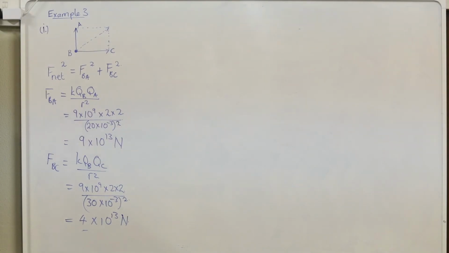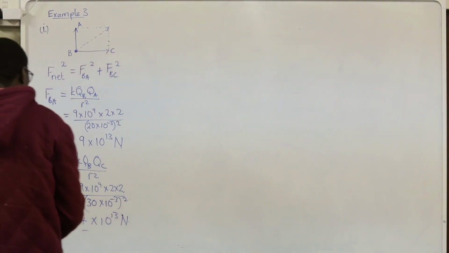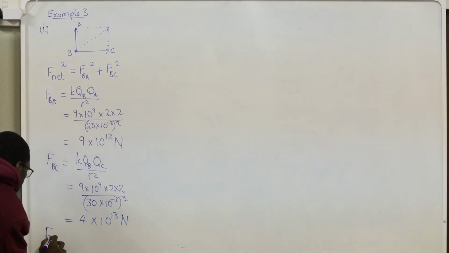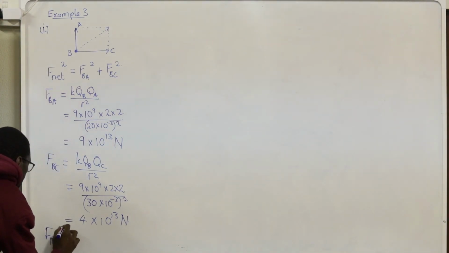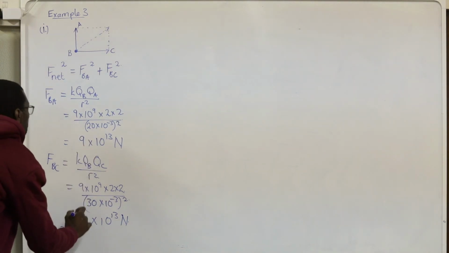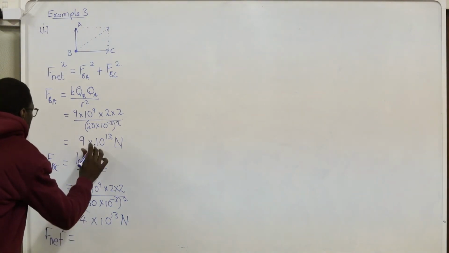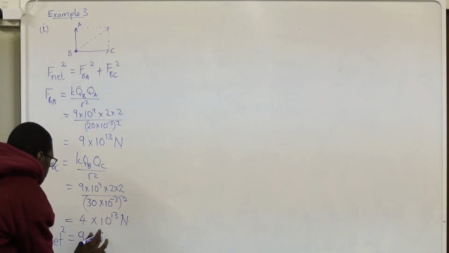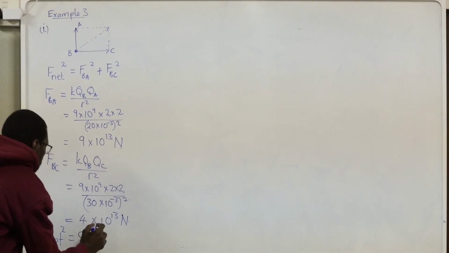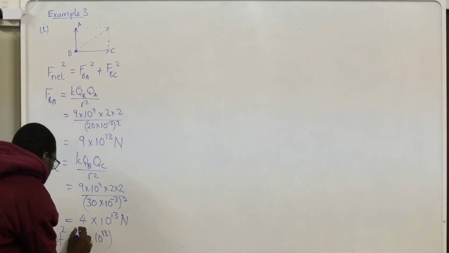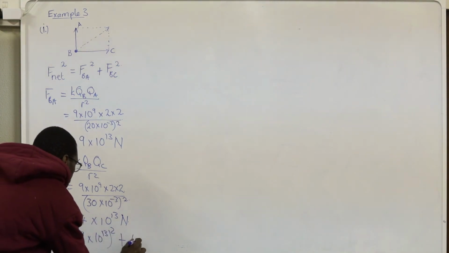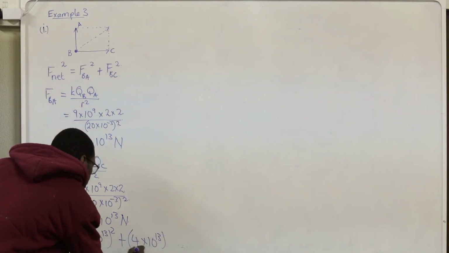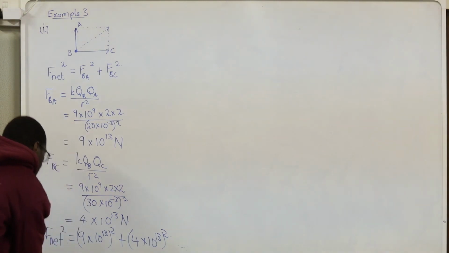Now for us to find the F net, how are we going to do it? We say that F net squared is equal to FBA squared, 9 times 10 to the power of 13 squared, plus 4 times 10 to the power of 13 also squared.